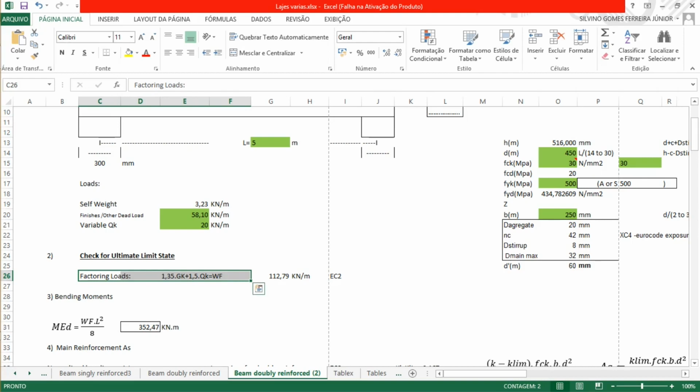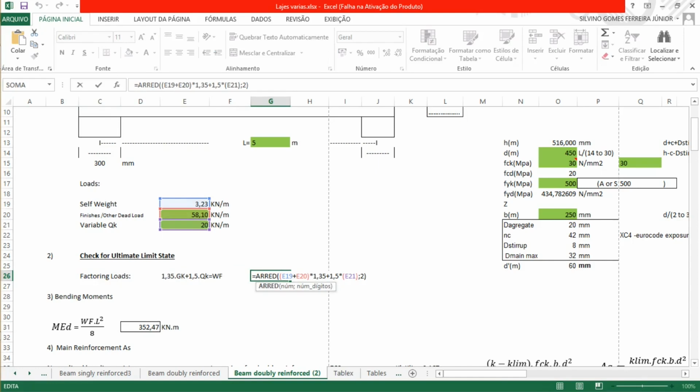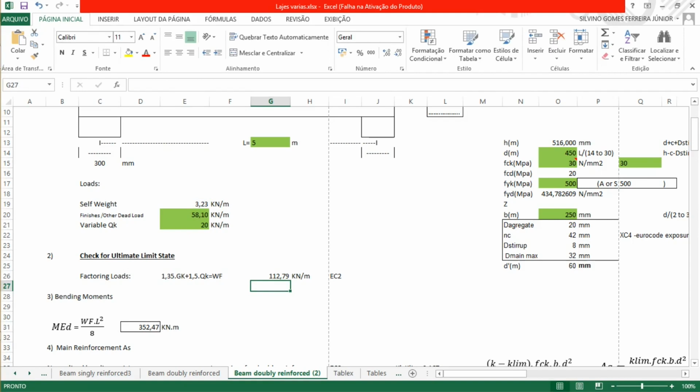So it will be 1.35 multiplied by 3.23, that is a permanent load, plus the other load 58.10, plus 1.5 multiplied by 20, which gives us 112 kilonewtons per meter.